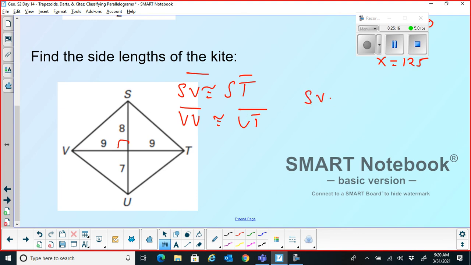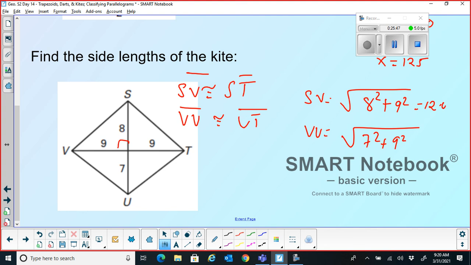SV is nothing but the square root of 8 squared plus 9 squared. And same way, using the Pythagorean theorem, I have VU, which is going to be the square root of 7 squared plus 9 squared. If I substitute that in the calculator, 8 squared plus 9 squared and taking the square root will give me 12.042. I am rounding to the third decimal, so I get 12.042.